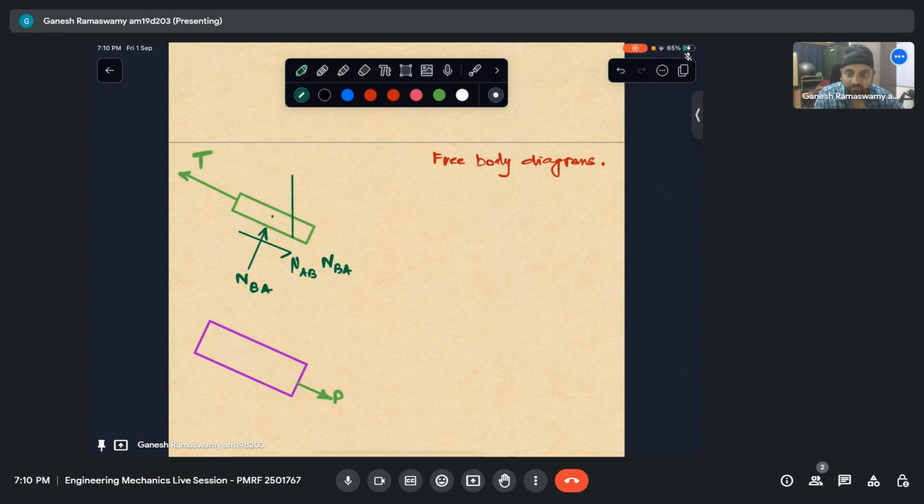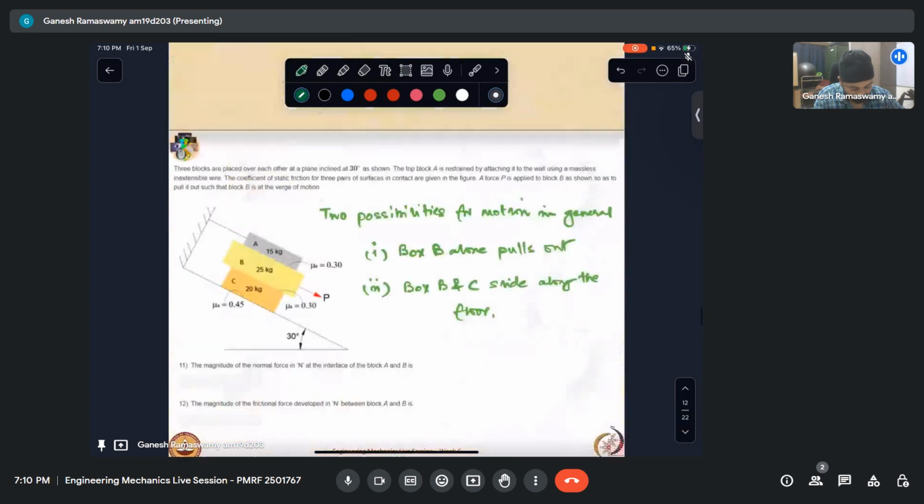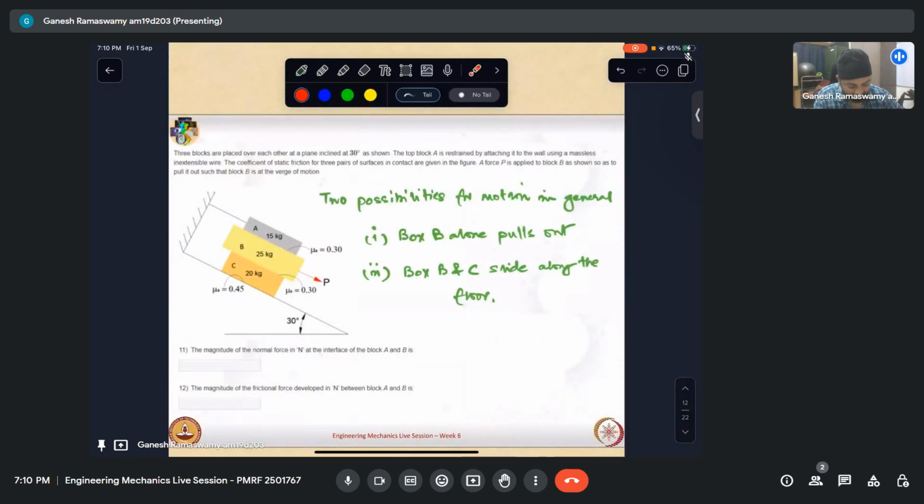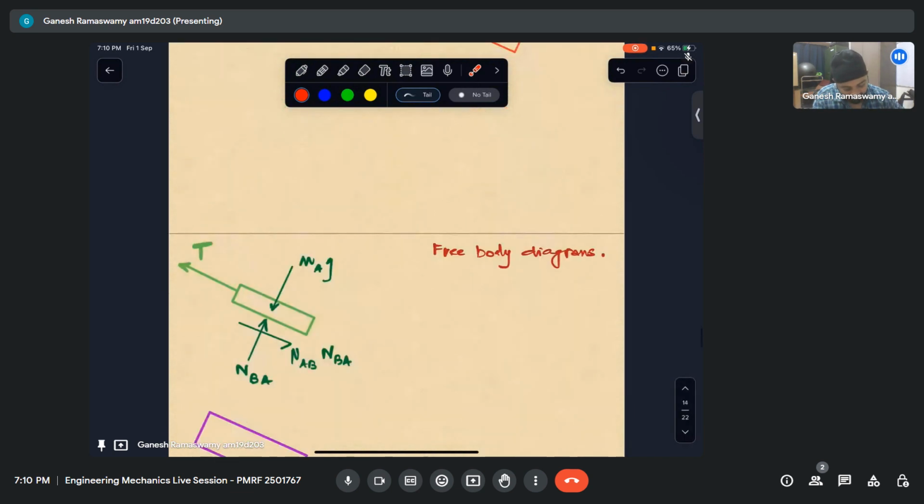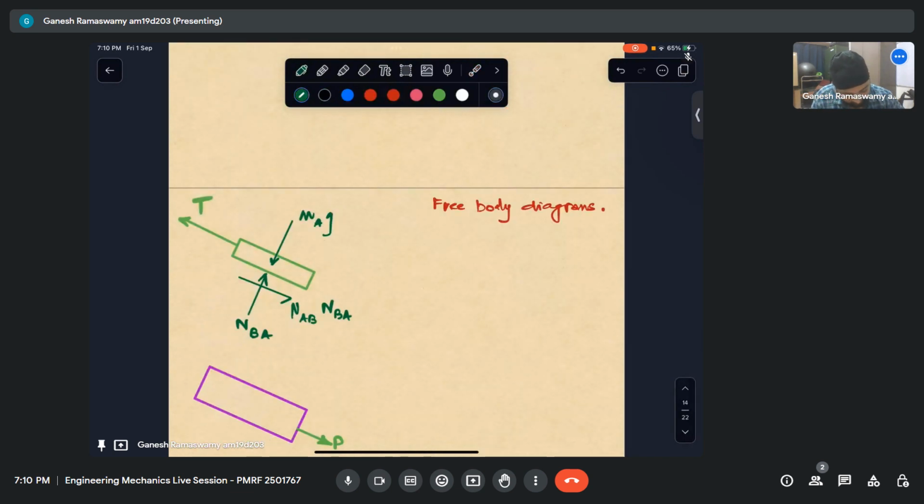I'll take one component acting like this, which is equal to MAG cos 30, and we know that the angle for the question is 30 degrees, so we will directly apply this 30 degrees everywhere. So this is MAG cos 30, and then I have a force like that.